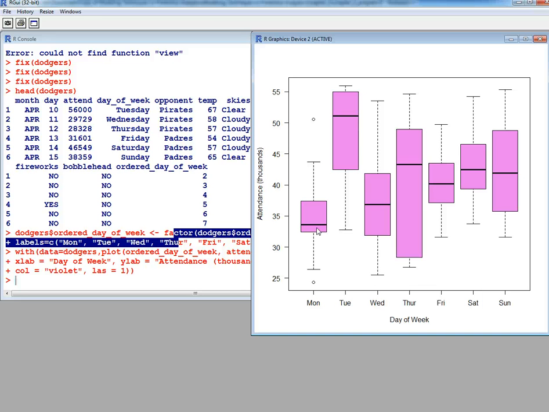So that's called the inner quartile spread. The 25th percentile is called the first quartile, the median is called the second quartile, and the 75th percentile is called the third quartile. So the distance between the third and the first, between the 75th and 25th, is called the inner quartile spread.